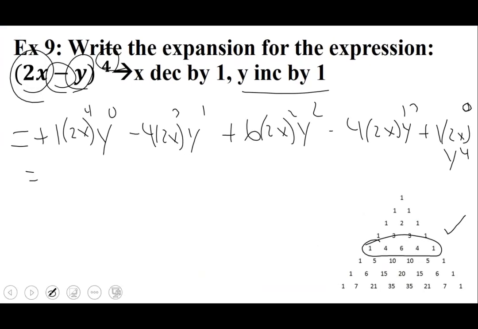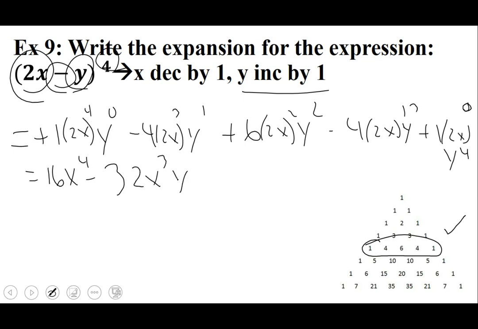So in your first term here, 2x to the fourth, you have to make sure that you are raising the 2 and the x both to the fourth power. So 2 to the fourth is what gives you a 16, and then x to the fourth. Anything to the 0 power, of course, is just a 1. Then when you do 2x cubed, so cube the 2, you get 8 times 4 is 32.